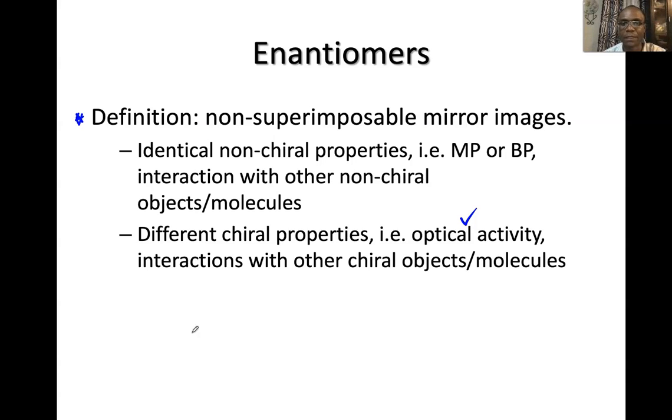So enzymes are specific in nature, and biological enzymes are usually chiral, and that's why we are learning this. It's because of their R and S configurations. So enantiomers will have different chiral properties and therefore different activity even in biological processes.